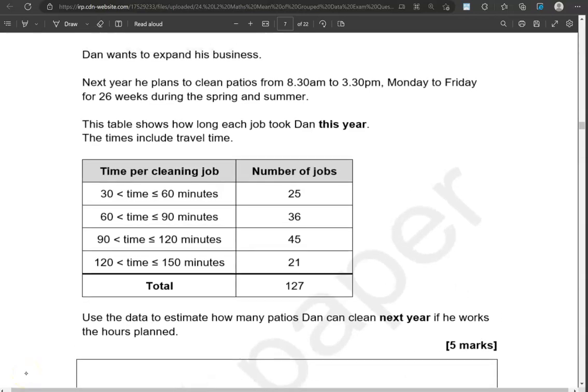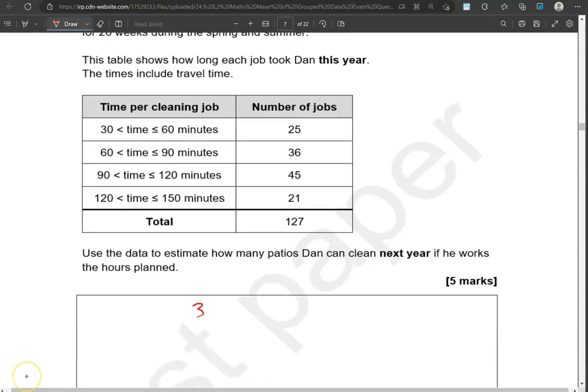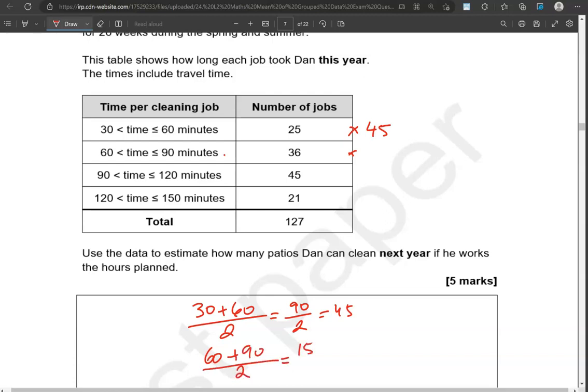Let's estimate the mean time it takes for one job to be completed. So we've got these groups, 30 to 60 minutes. So we're going to do 30 add 60 divided by 2 to find the midpoint. So that is 90 divided by 2, which is 45 minutes. Between 60 and 90, that is 150 divided by 2, which gives us 75 minutes.